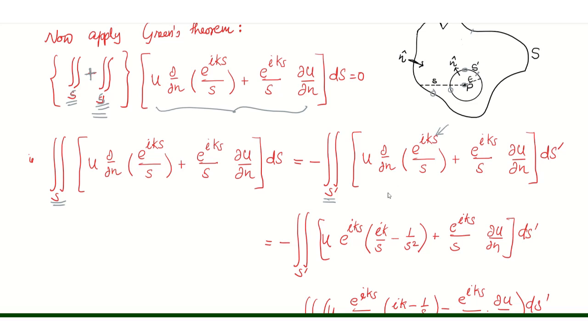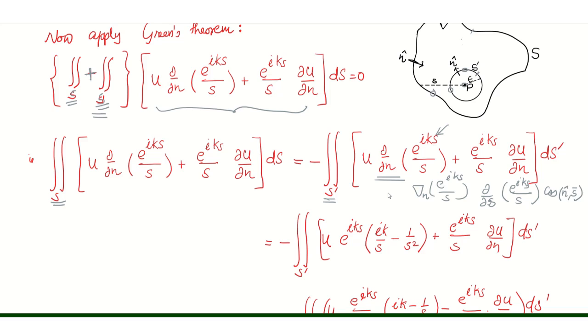Remember we are taking the differentiation with respect to n according to this equation, but as we said, this is del n of e to the power i k s over s, or that is dou by dou s of e to the power i k s by s along the normal, which means this is cos of the angle between the unit vector n and the vector s, if you like to say that.